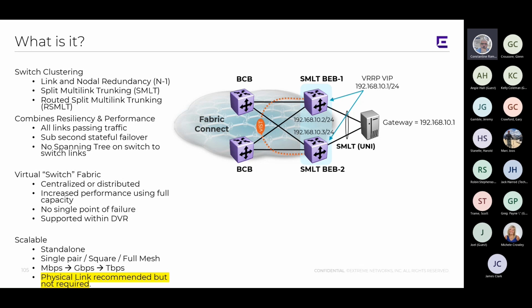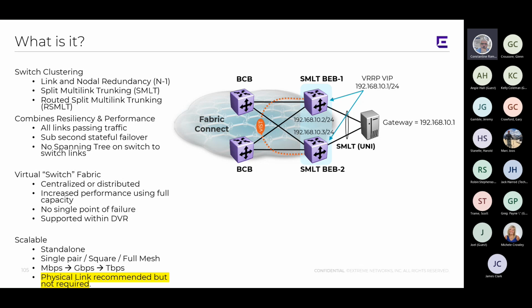So if you look at the dotted line, for example, between BEB1 and BEB2, that's the VIST, the virtual IST. So what's that giving us? Well, the virtual IST is a link, and we call it virtual because it does run over ISIS, right?